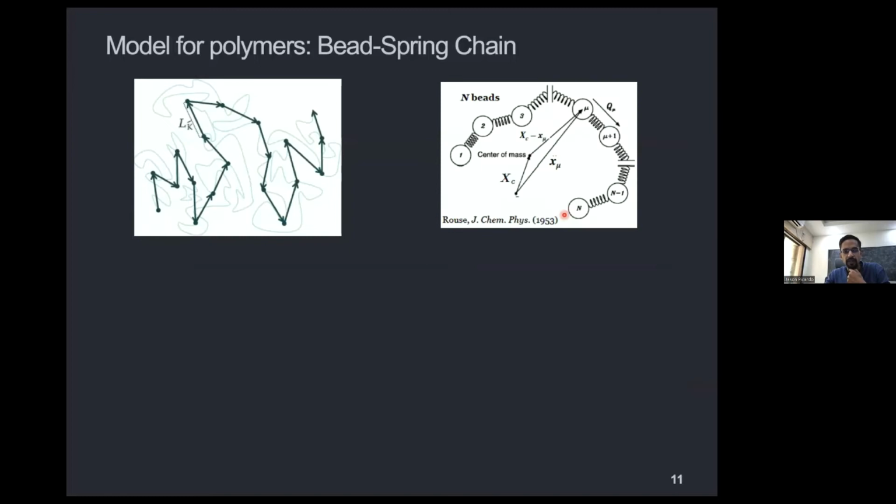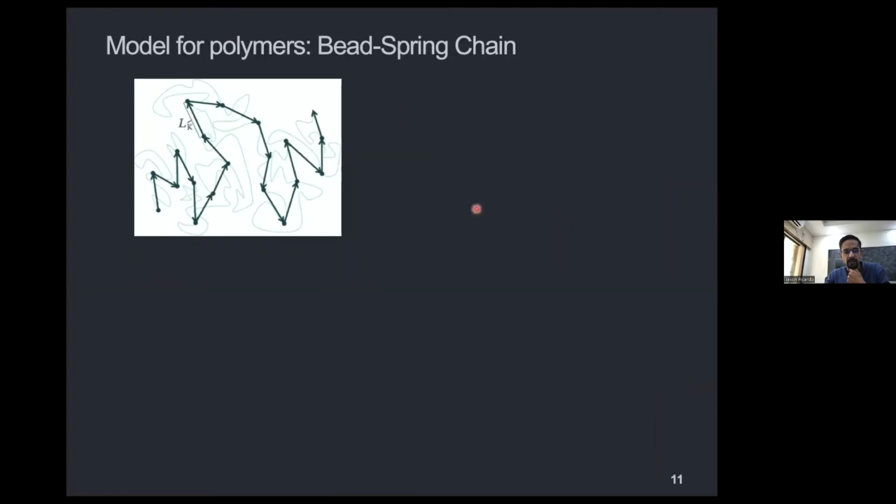So how can we model this sort of phenomenon? Let's look at standard models for polymers. A simple mesoscopic model is the bead-spring chain, a well-known model for polymers, where the effect of the flow on the polymers and their feedback is represented via beads.